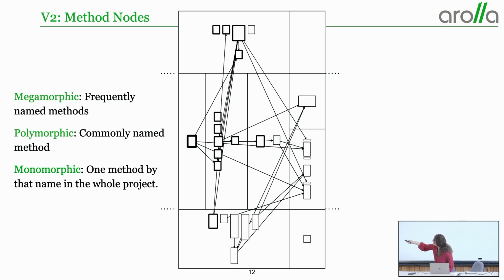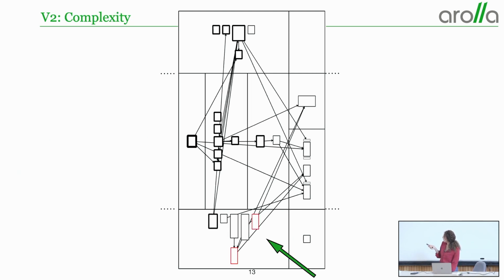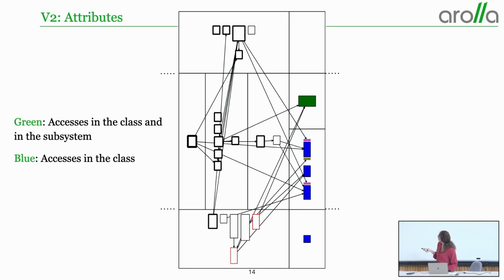For example here, in the initialize layer, we have a method called initialize with a very, very thick border, which means that there are several methods with the same name. Next, what we added in the new generation of the visualization is the complexity of methods. Basically, methods with very high complexity have a red border. We used red because we wanted to attract the user's attention to complex methods.